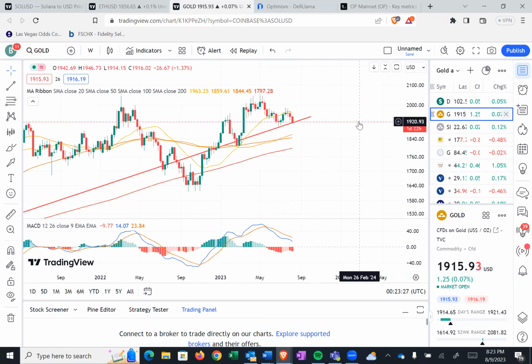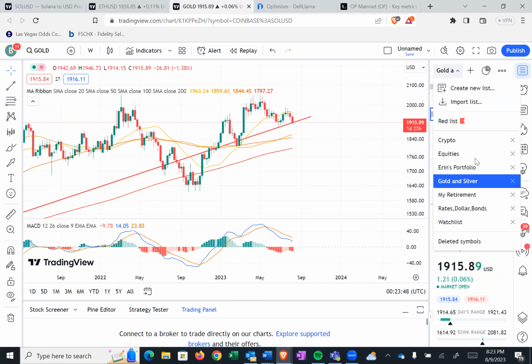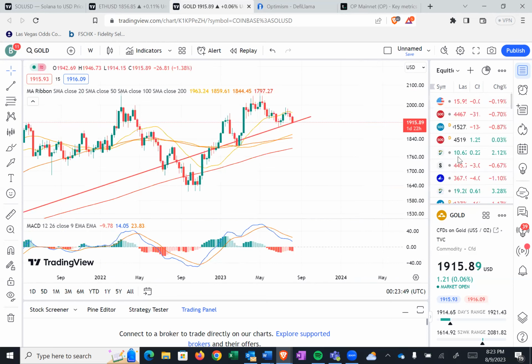But for that to happen, we would need rates down, stocks down, inflation sticky, bad economic data. We don't necessarily need inflation to be sticky, but we would need some bad things to happen to the stock market. And if we look at equities, we can look at the NASDAQ.